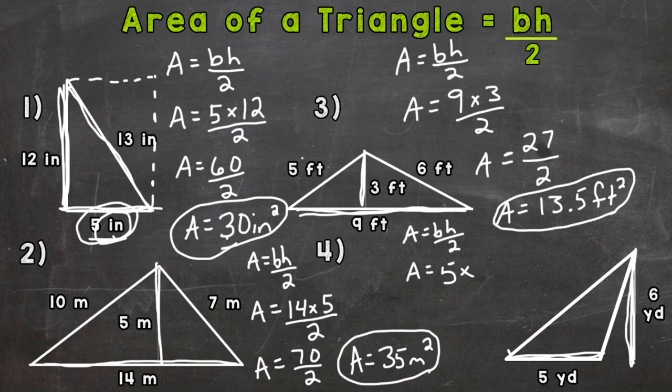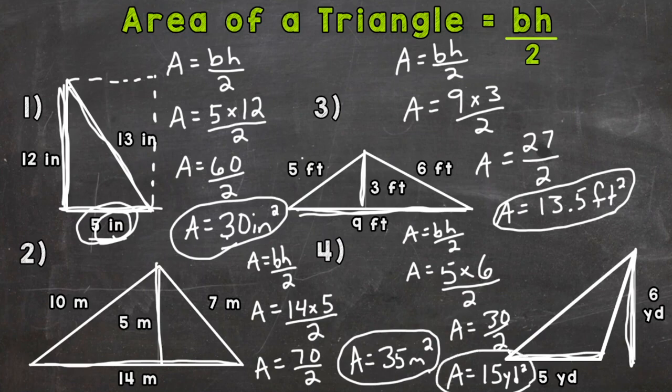Due to the shape of the triangle, we have that measurement outside, but it still is the height. So 5 yards times 6 yards, and we divide that by 2. So we get area equals 30 divided by 2, and area equals 15 square yards.